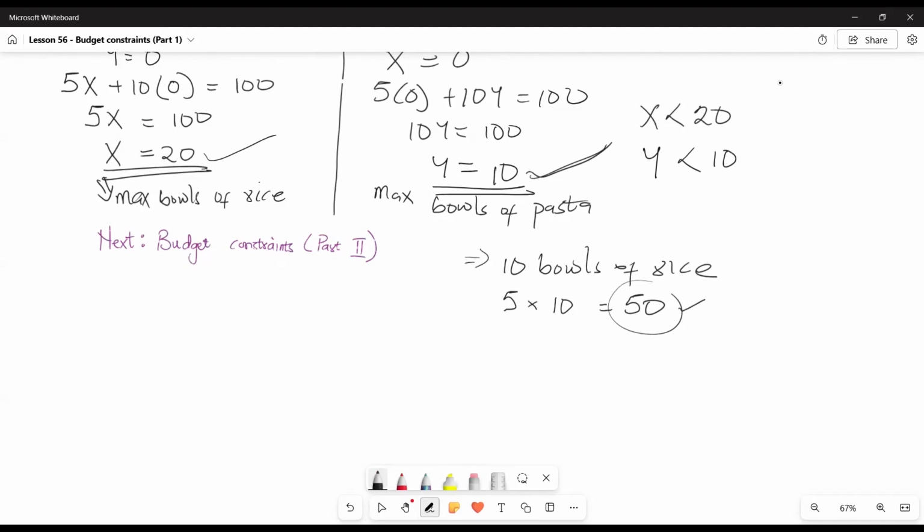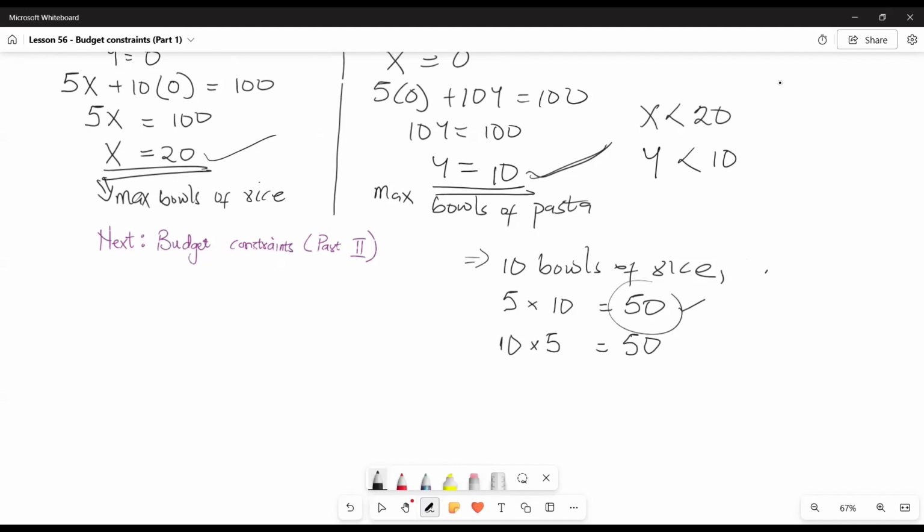Now, because her income is 100, spending £50 on rice will leave an extra £50 that she can spend on pasta. So with £50, how much pasta can Ella buy? If the price of pasta is 10 and Ella has £50, then she can buy 5 bowls of pasta. So if she buys 5 bowls of pasta, that is going to cost £50.